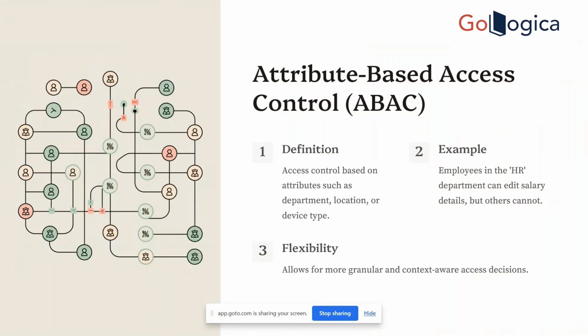So according to his attributes, we give him some access. If I take a person who belongs to HR, the person's department is HR. So according to his department he can edit the salary details, and not other people who do not belong to that particular department.